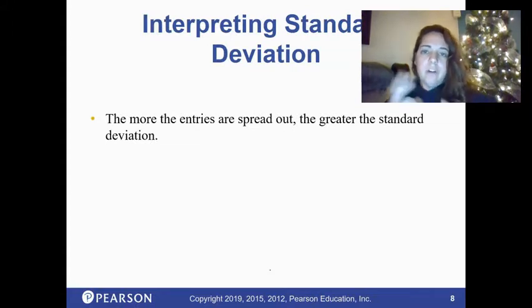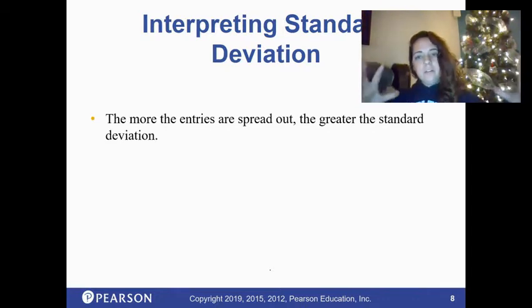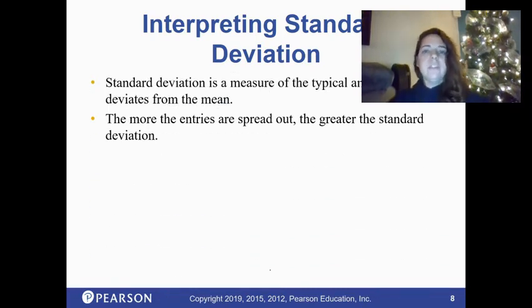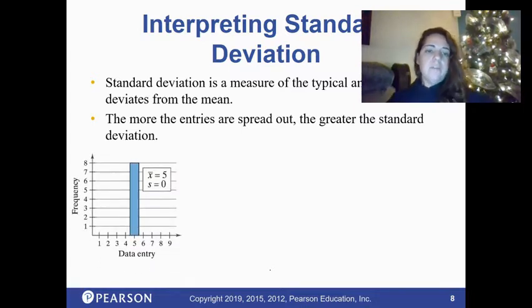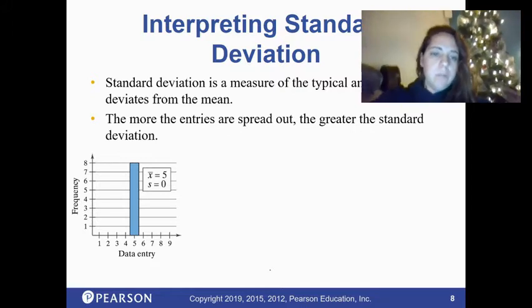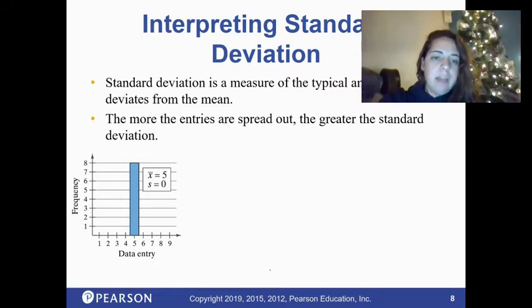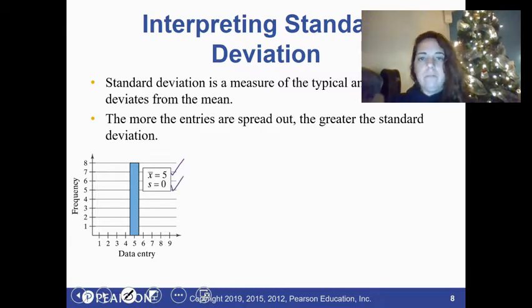So now let's talk about how to interpret the standard deviation. The more spread out the data is, the bigger the standard deviation. So it's a way to measure how spread out the data is. Let's look at this one. First of all, what are they telling us here? Well, they're telling us that the average is 5, and that it's not spread out at all.